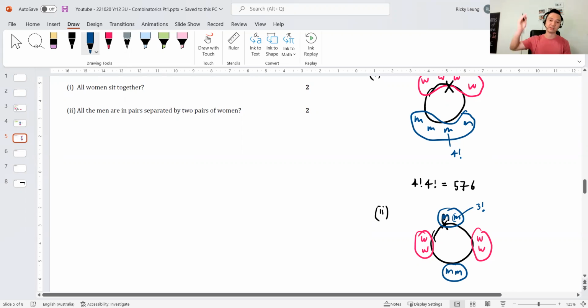So lock down a man in the group, so then there's no circular arrangements possible. 3 factorial ways of arranging the 3 men. And then for these 4 women groups, 4 women in 2 groups, there are 4 ways to arrange the women.